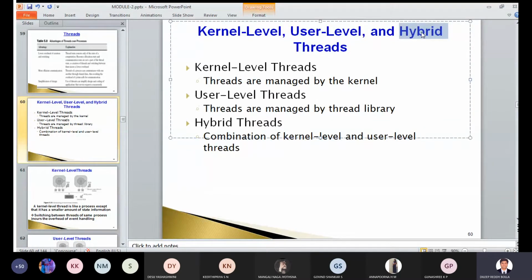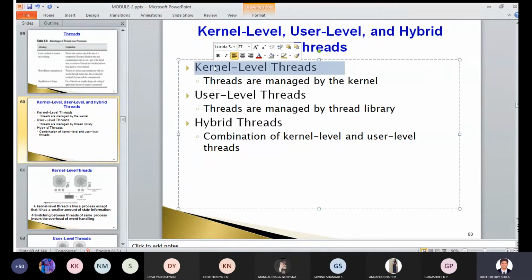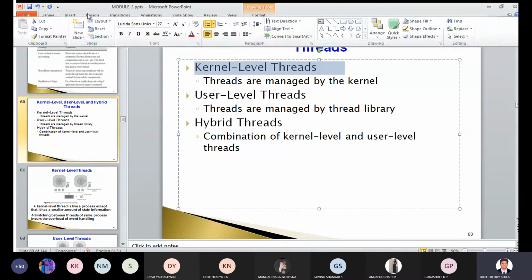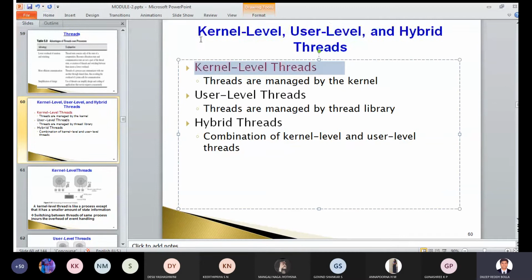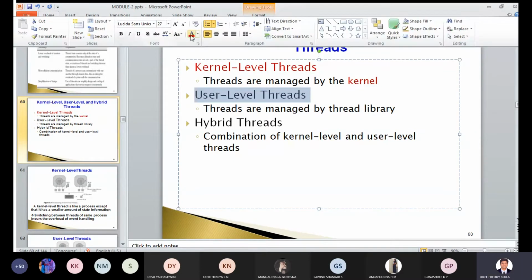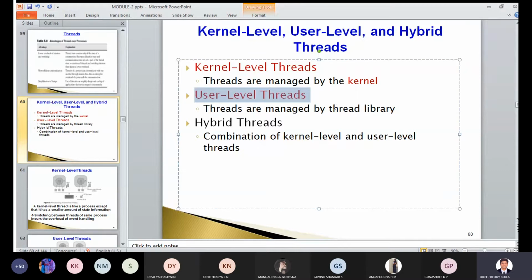That's a hybrid thread. Now, see this first one, kernel level threads. Threads are managed by the kernel, which means the kernel itself is going to manage the threads. Whereas in user level threads, threads are managed by the thread library.